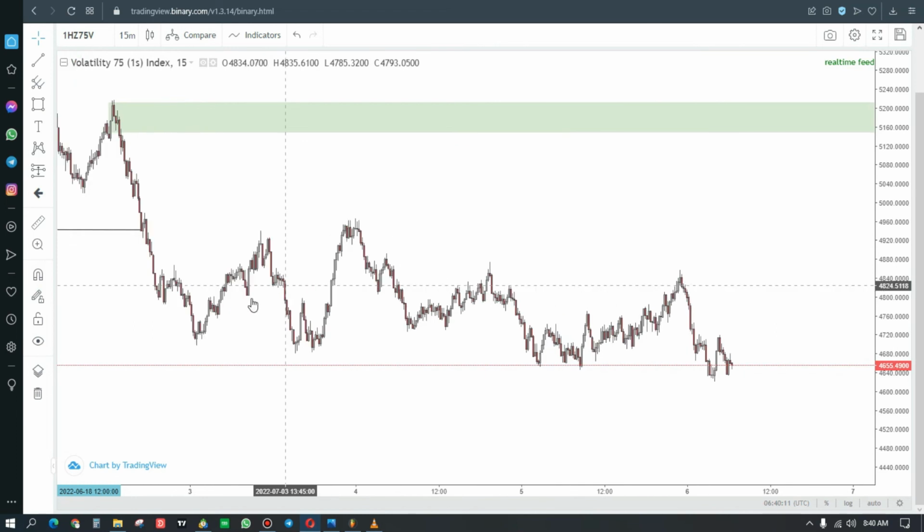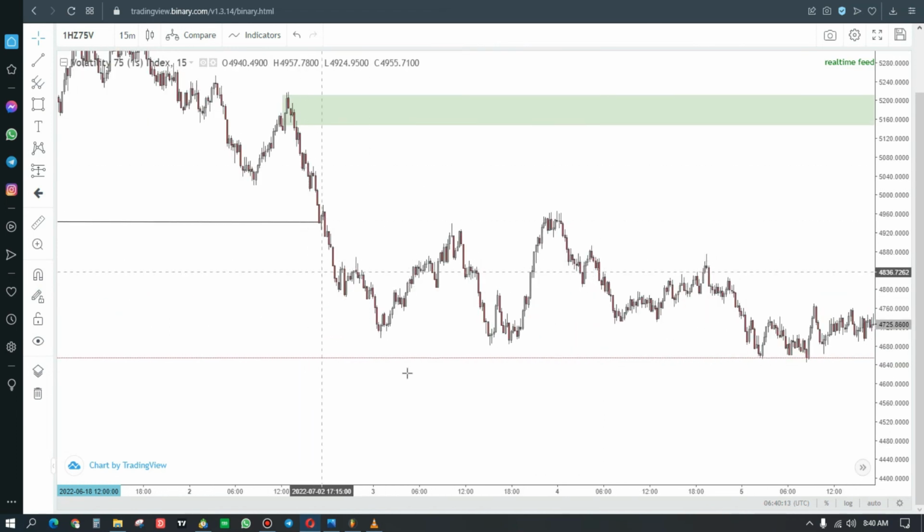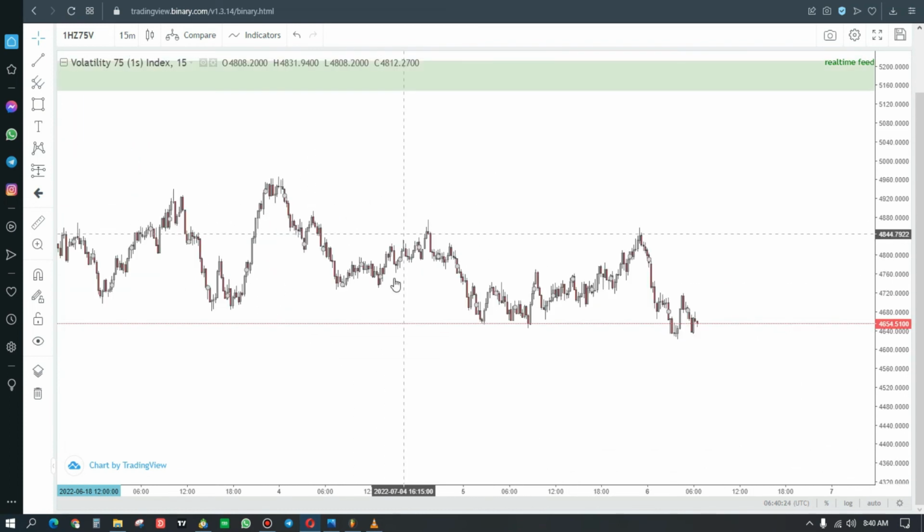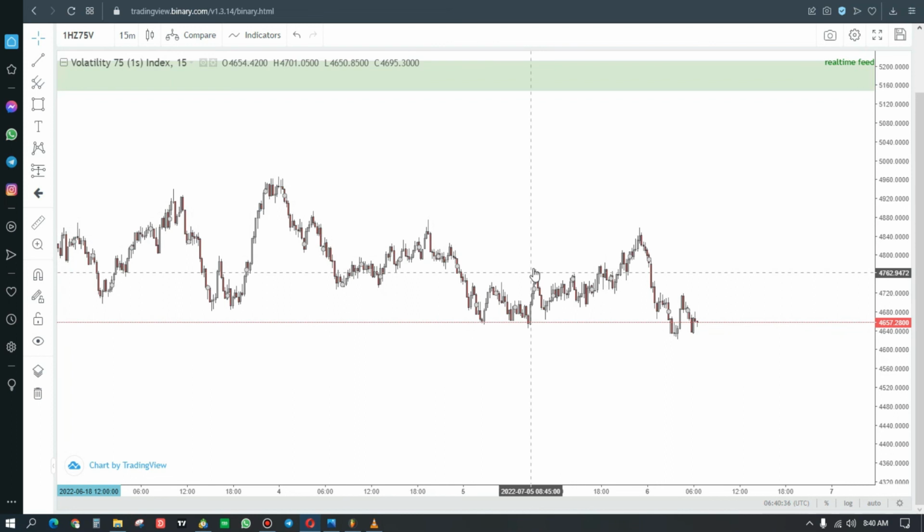It just continued rallying to the downside, making a low, making a high, making a lower low, making a higher low, liquidating this low, and then continuing to the downside, making lower lows, higher lows, lower lows, higher lows.